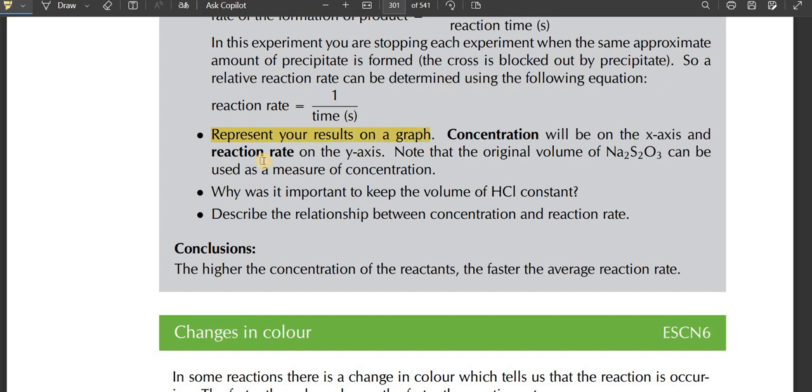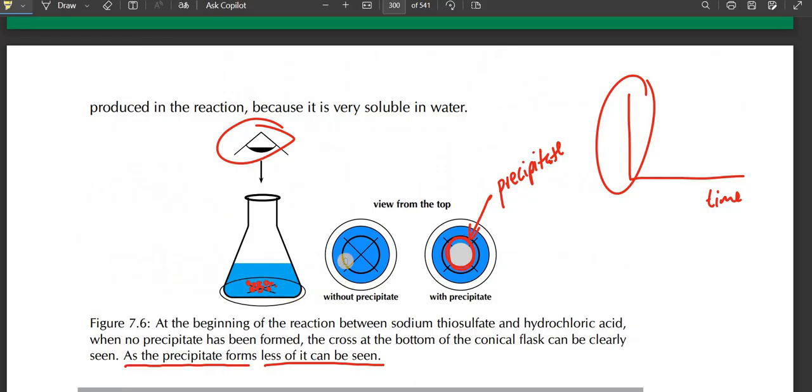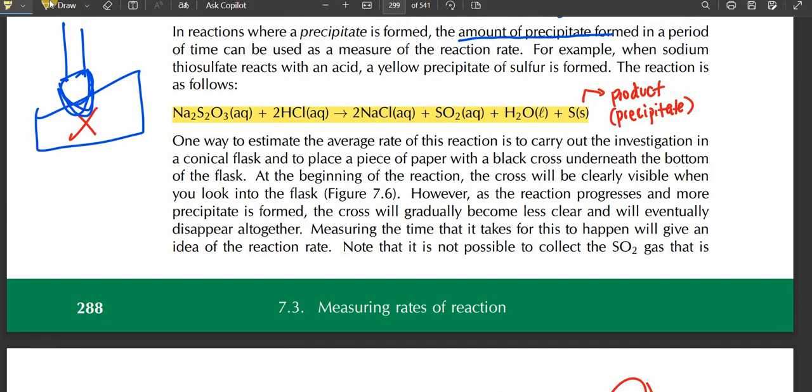When you represent your results on a graph, concentration will be on the x-axis and the reaction rate will be on the y-axis, right? This is because the original volume of the sodium thiosulfate can be used as a measure of concentration. So what they do is that they take the original volume of this sodium thiosulfate, the one you start with, and they take it as the initial concentration.